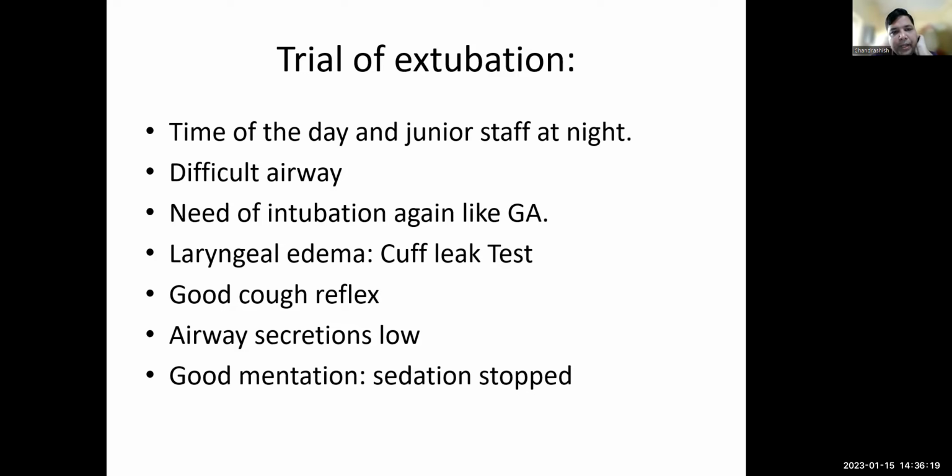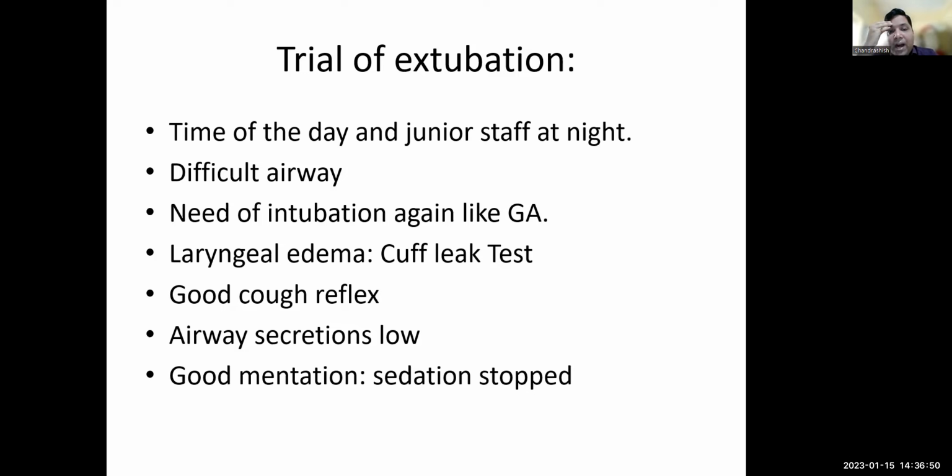You should be prepared with all the airway equipment, etc., because if you have to reintubate, you need an expert hand. Does this patient again need the ventilator very soon, like say within 12 or 24 hours? For example, this patient is again going back to the OR for a general anesthesia. Then you can probably talk to the surgical team and decide that this patient can be on a ventilator for one more day, and then take him off after the GA.